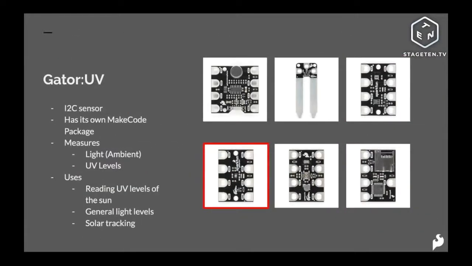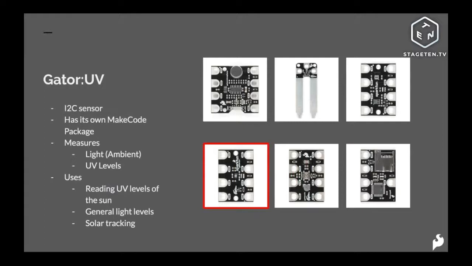Gator UV. Again, I'm going to be a broken record. I2C sensor has its own MakeCode package. It measures both ambient light in terms of an analog value, how bright it is outside or inside, but also measures UV radiation.